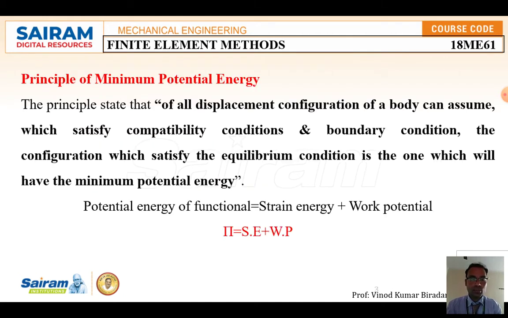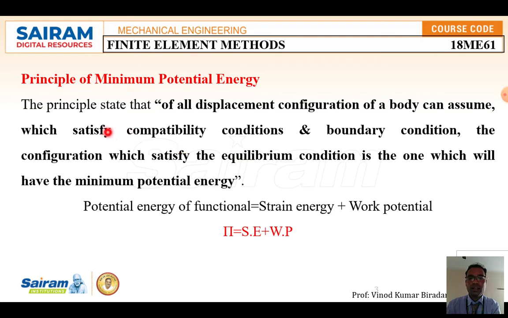The next question is, what is minimum potential energy? What do you mean by minimum potential energy? The principle states that of all the displacement configurations a body can assume which satisfy the compatibility condition and boundary condition, the configuration which satisfies the equilibrium condition is the one which will have the minimum potential energy. So when this condition is satisfied, we call it minimum potential energy.